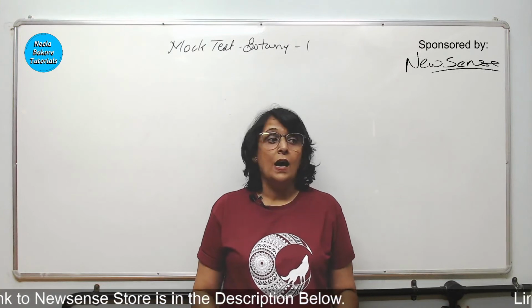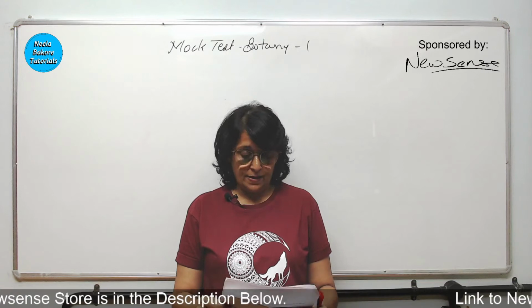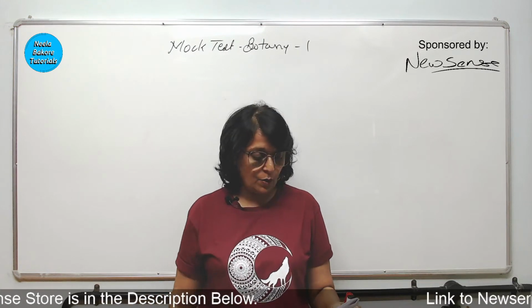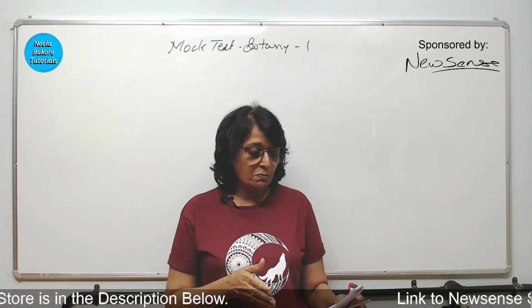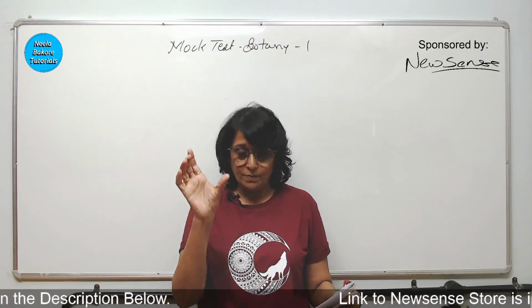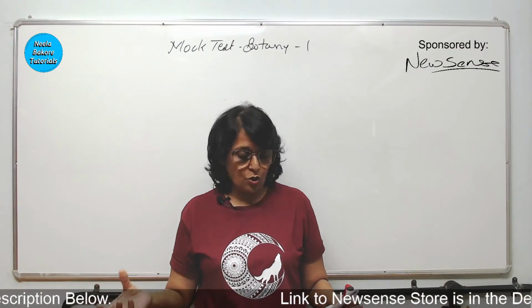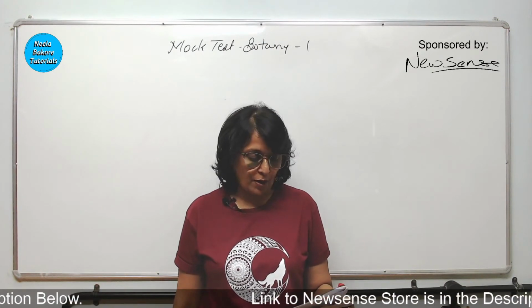I am on 14th question now. There is a table given in the question. One column has the type of microbes, the second column has the scientific name of that microbe, and the third column is talking about the commercial product.